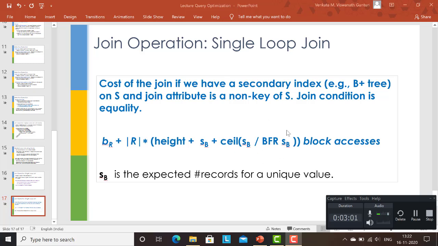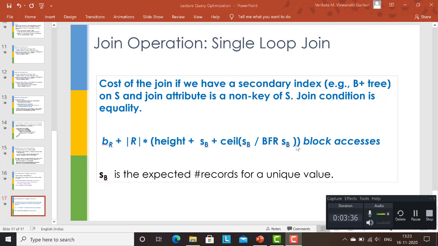So this BFR SB is the number of record addresses which will fit in one disk block of your hardware. And given that these many record addresses fit in one disk block, now you have to store SB number of addresses. How many disk blocks will you take, right? So this expression, ceil of SB divided by BFR of SB, gives that number. This is the number of disk blocks which are required to store SB number of record addresses, right?